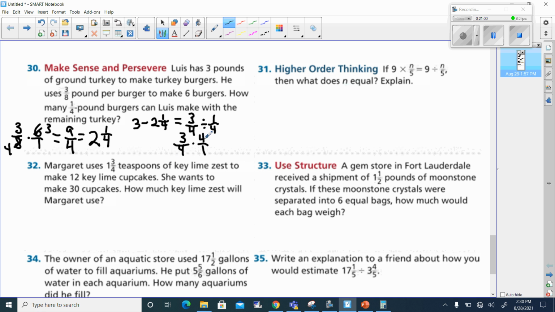My butterfly method allows me to get rid of the 4's because they're both divisible by 4. 4 divided by 4 is 1. 4 divided by 4 is 1. Now I have 3 times 1, which is 3. 1 times 1, which is 1. And that tells me 3/1. Anything over 1 is itself. And like I said, we'll be able to make 3 1/4 pound burgers.